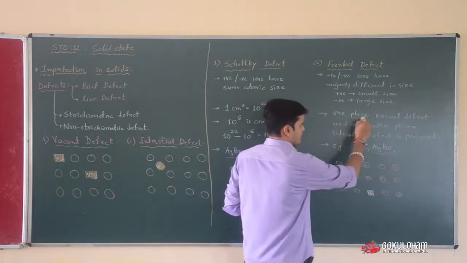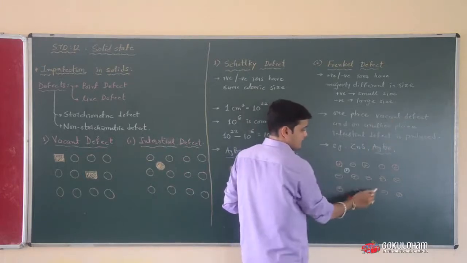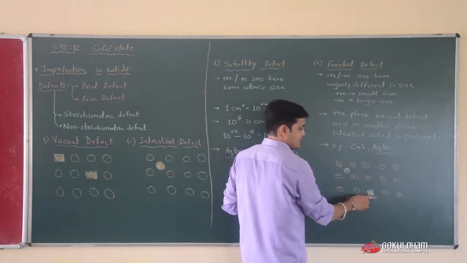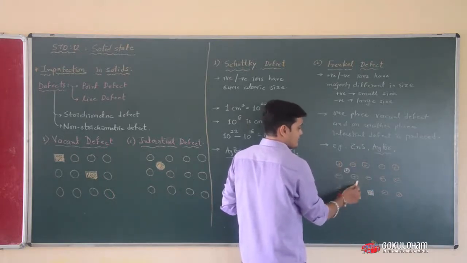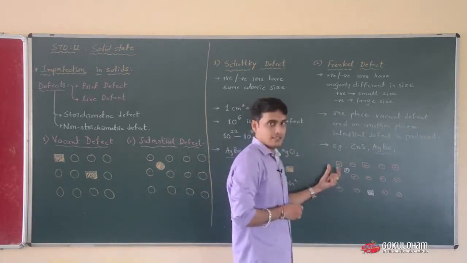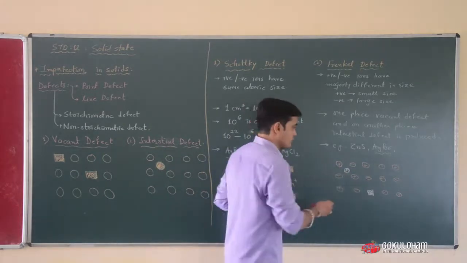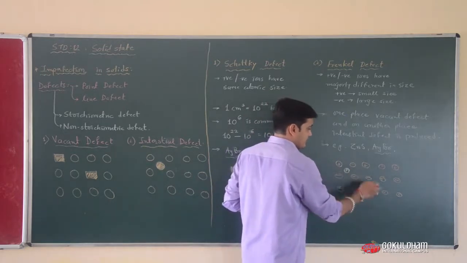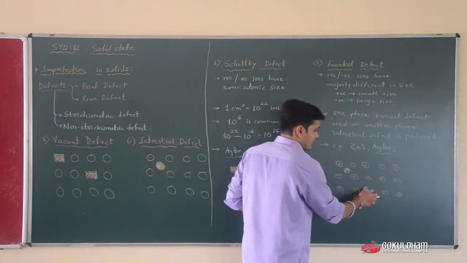So at one place a vacant defect is generated from where the positive ion has traveled, so one vacancy is there, and an interstitial position is generated where the positive ion is arranged in between the positive and negative ions. So this is called an interstitial defect, and this is called a vacant defect.